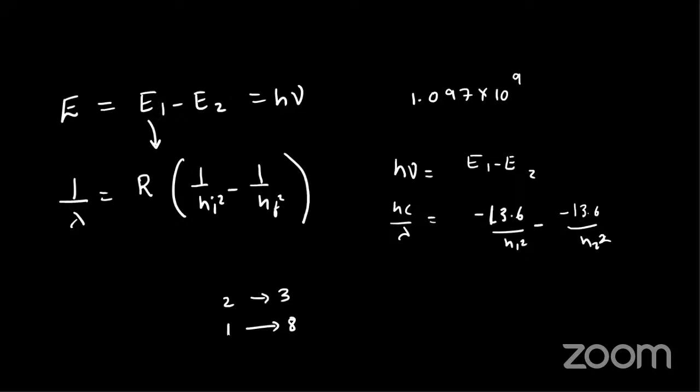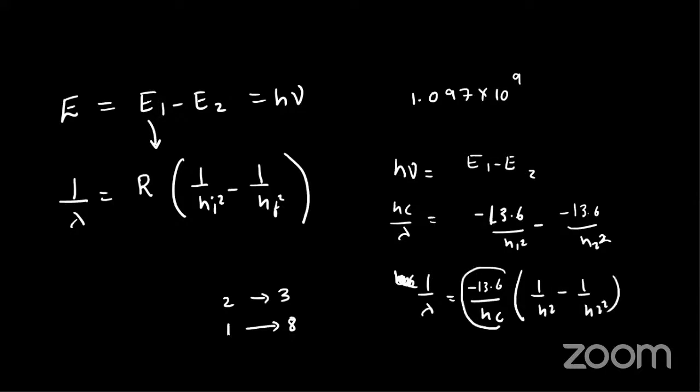If I take hc, I'll bring it to the denominator and keep 1 by lambda as it is. If I take minus 13.6 common, what I'll be left with is 1 by n1 square minus 1 by n2 square. This whole thing is called the Rydberg constant, and it is equal to R. So you get this simple formula. Again, derivation is not that important, but you need to understand how you get the formula.